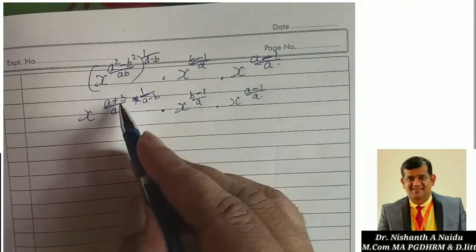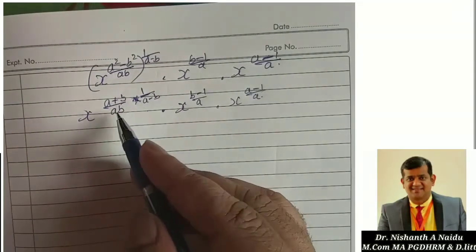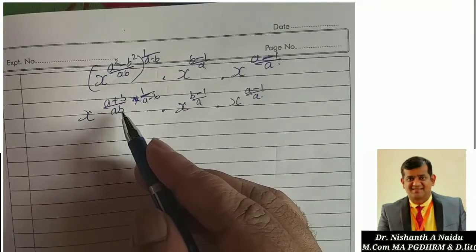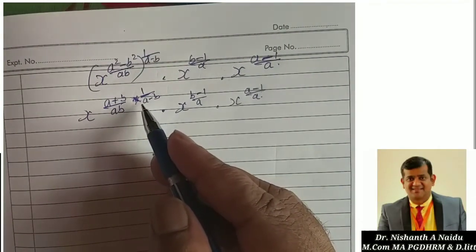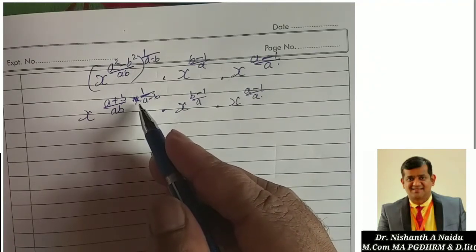Okay, how? Because now A plus B into 1, A plus B. Clear? AB into A minus B. So that remains same. That will not bring any changes.